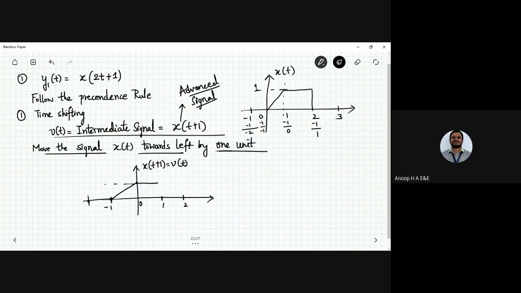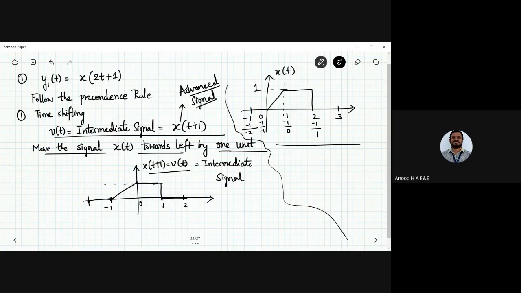Again, it is like this, and you're going to have a signal which is translated towards the left here. So what I wanted to show is the movement of the signal, that is v of t equals x of t plus 1. This is the sketch of the intermediate signal.